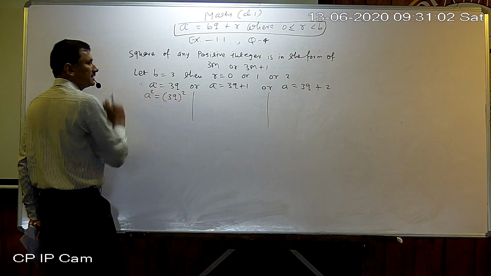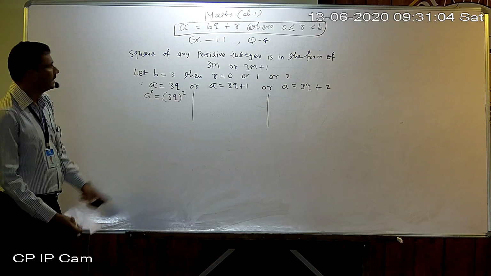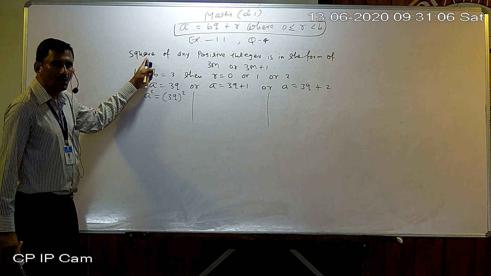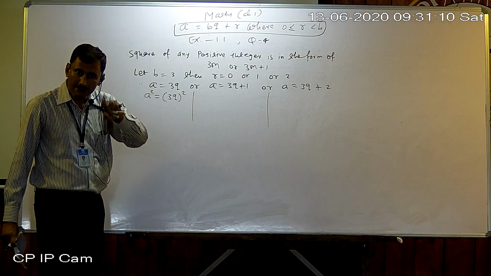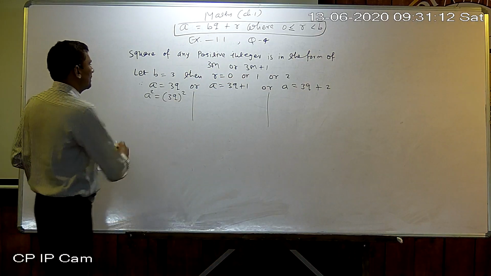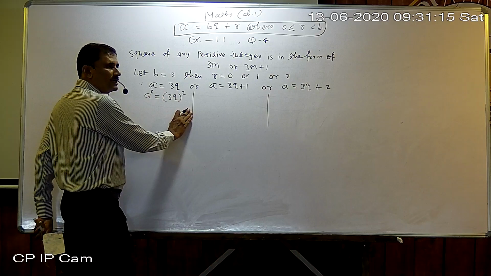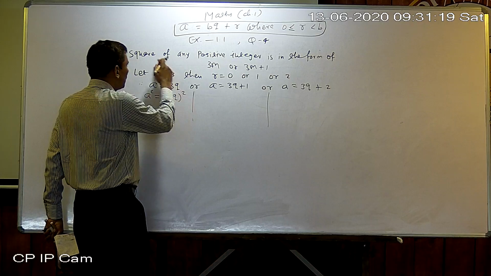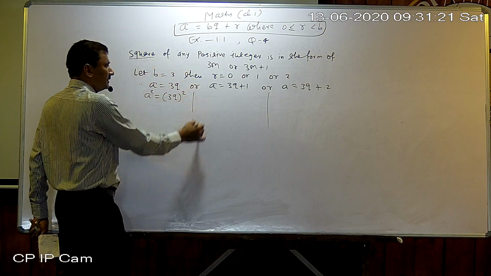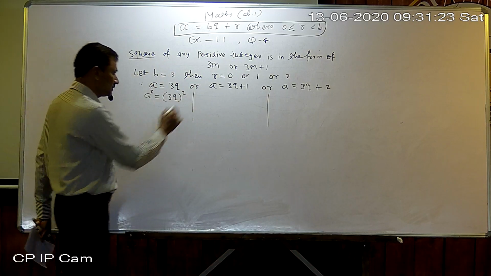Why am I making the square here? It is about the square of any positive integer, not only the positive integer like the previous one. In the previous one we had not made the square of that expression, but now it is given, that's why we are making the square on both sides.